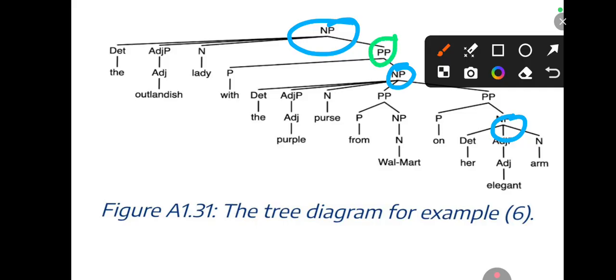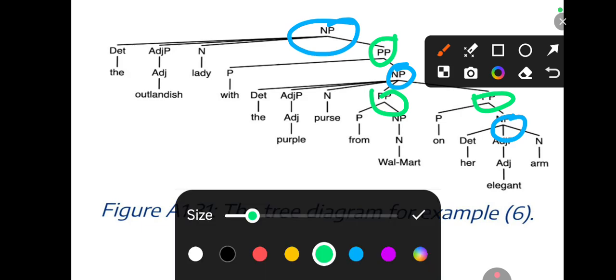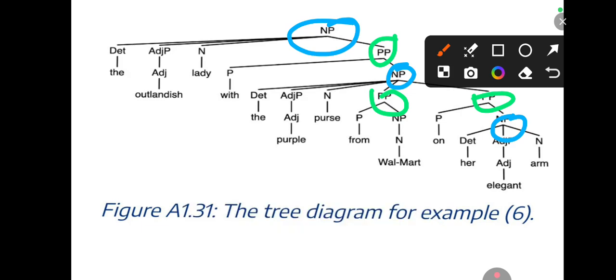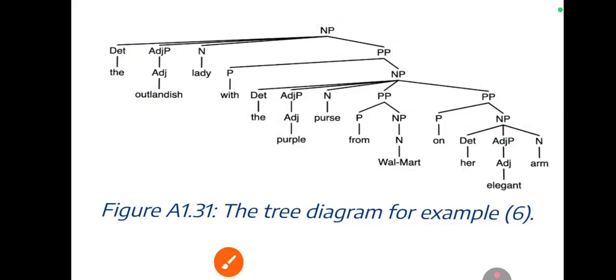One prepositional phrase, two, and then three, right? And how many determiners? One, right? Two, okay, and three. So this way sentences and phrases are dissected.